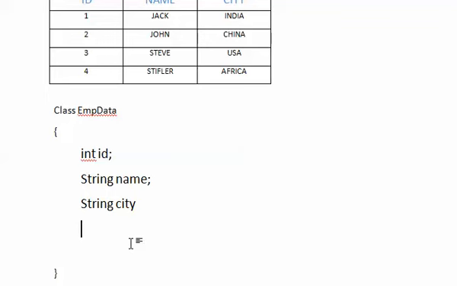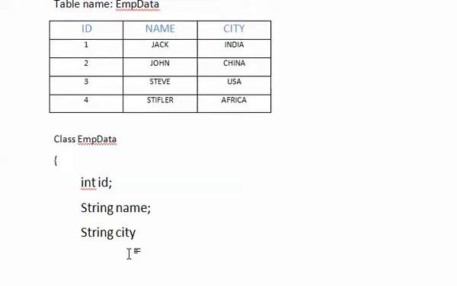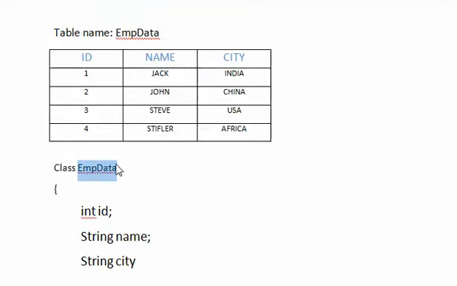there to create. When we write directly, we can write select operations, insert operations, update operations, but internally the Hibernate config file will create a table with the class name EmpData. A table will be created internally within the database, with the field names id, name, and city.